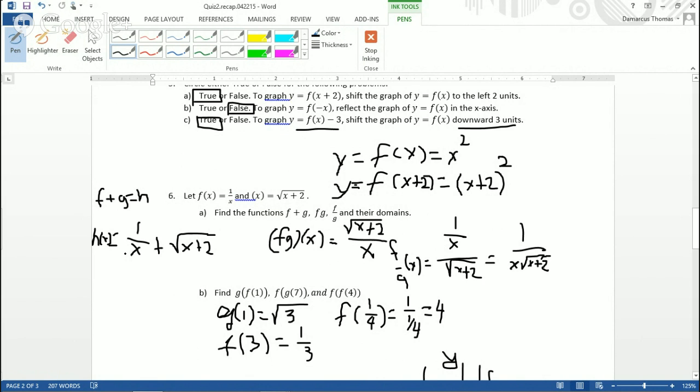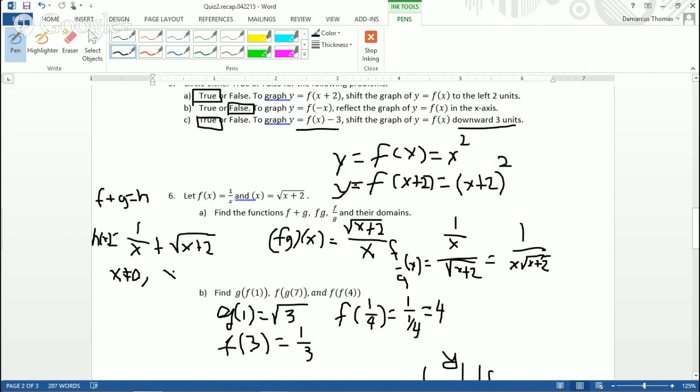So the domain of this function is all real numbers except when x is 0. The domain of this one, and let me just make a note, x is not equal to 0. And then the domain of this are all x values that are greater than or equal to -2.